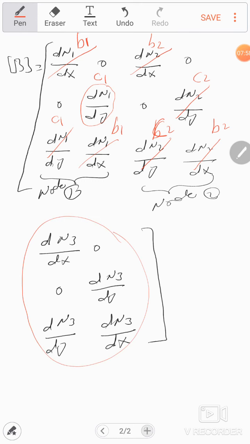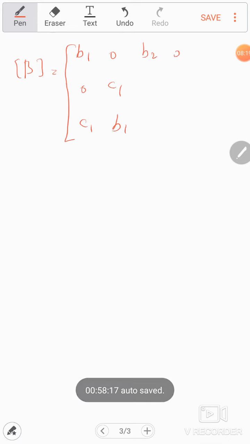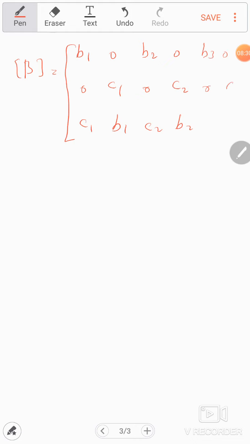I will rewrite again to make it easy. B matrix equals b1 0 0 c1 c1 b1. This is node number 1. Node number 2: b2 0 0 c2 c2 b2. Node number 3: b3 0 0 c3 c3 b3. This is the B matrix.